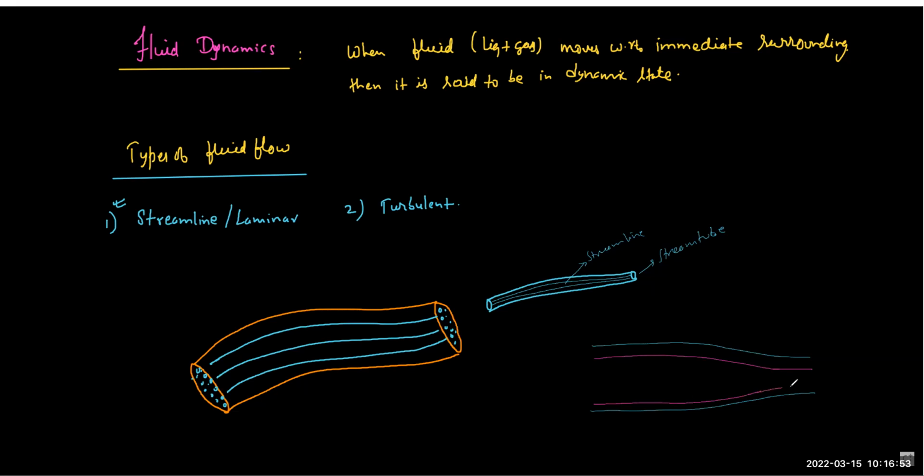But no matter what, streamlines never intersect each other. They maintain their non-intersecting property. They can become narrow, they can become widely separated, but they cannot intersect.